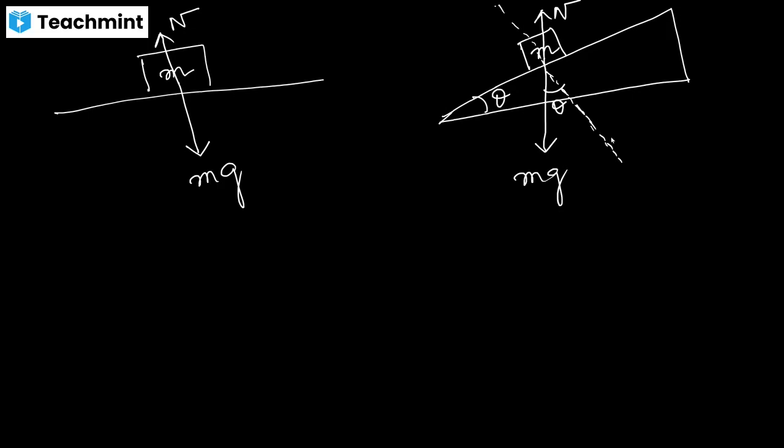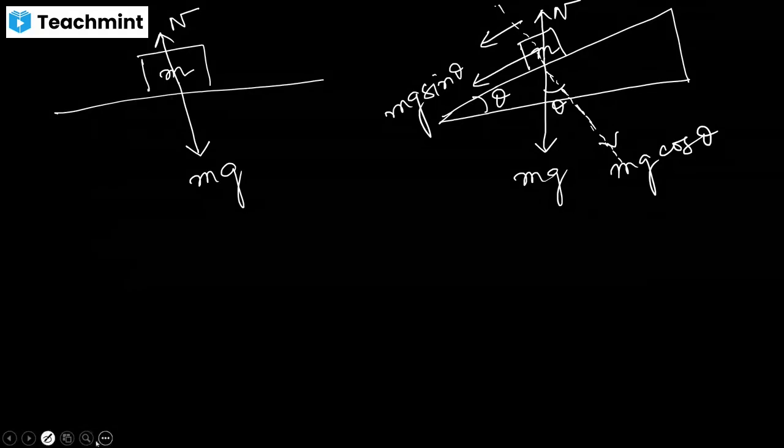Everyone, remember one thing, along the base always the horizontal component will be represented. So I can say along the base mg cos theta will work, and in the perpendicular direction, suppose the object tends to move in this direction, so obviously mg sin theta will be directed in that direction. This is the vertical component.